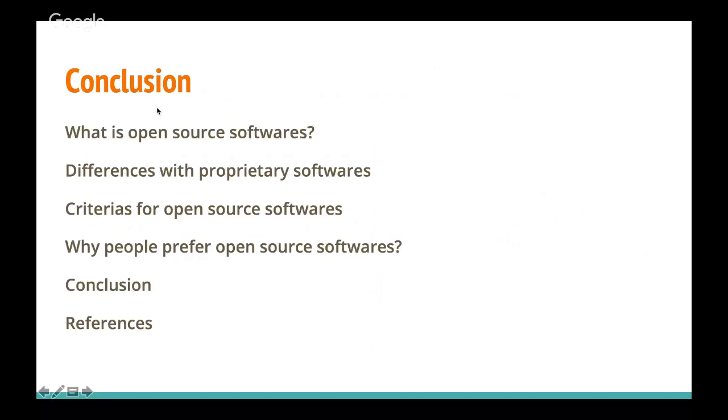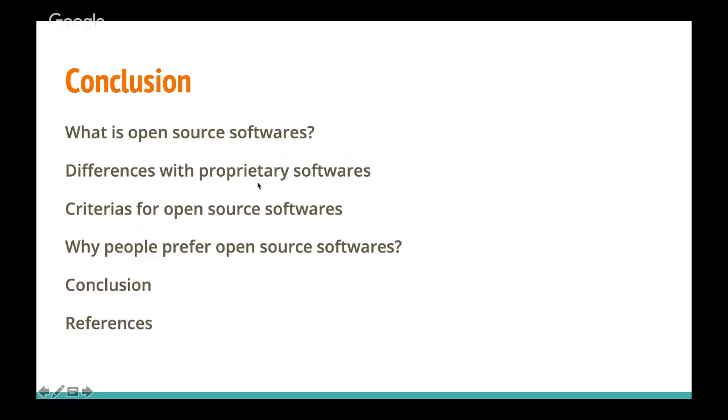Okay, and here we get to the conclusion. I explained what open source software is: something that can be modified and shared, and which is publicly accessible. I also explained the differences from proprietary software.